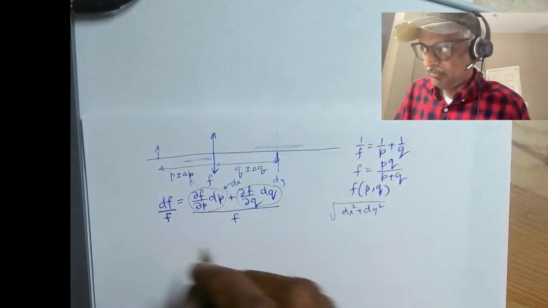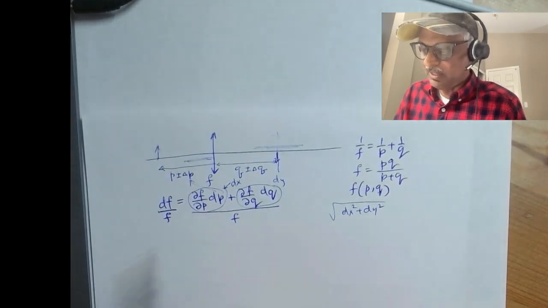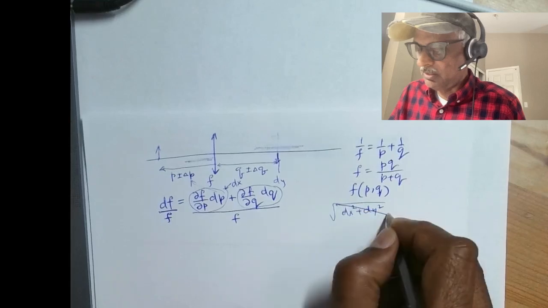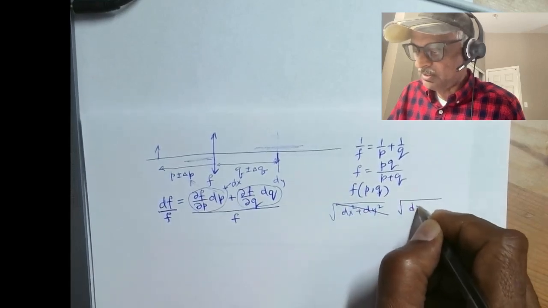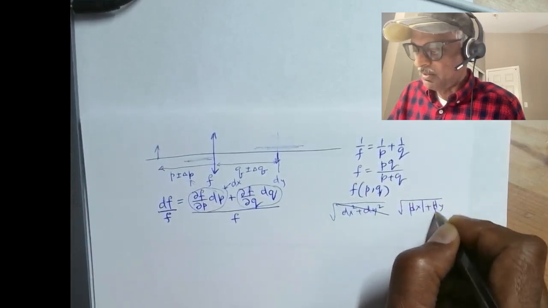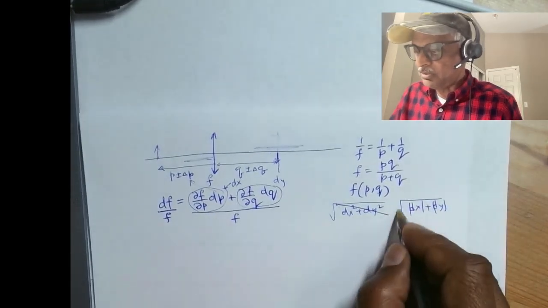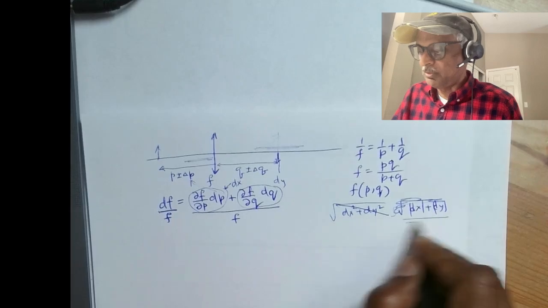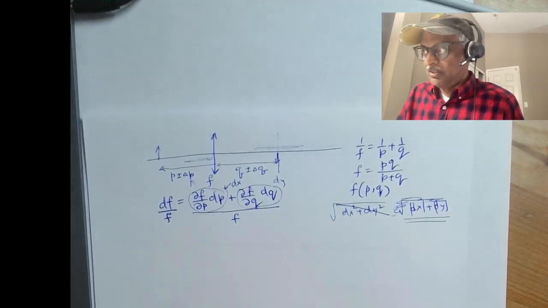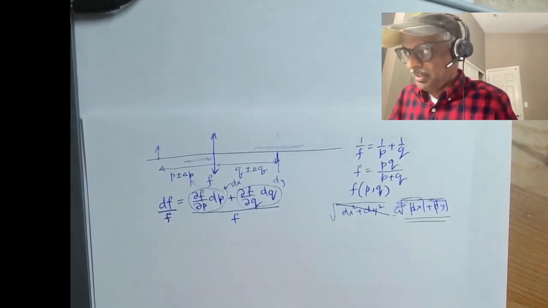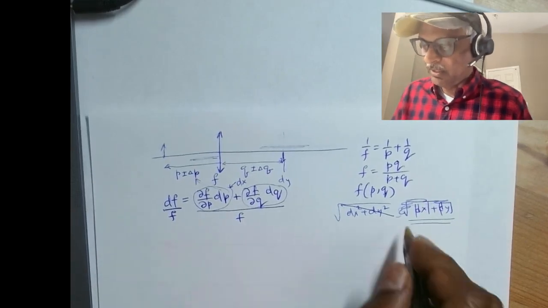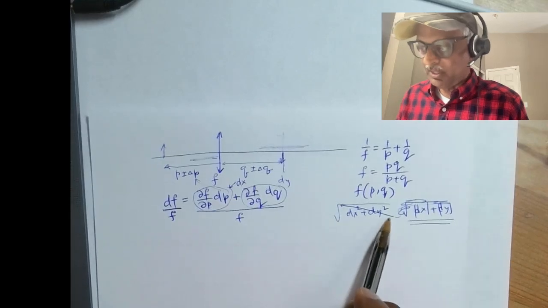But in this syllabus, that's not what we're going to do. We're going to do dx plus dy, not square root, just dx plus dy. That's another way of doing it, but that's the way they want you to do it.